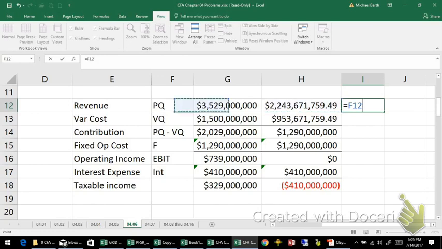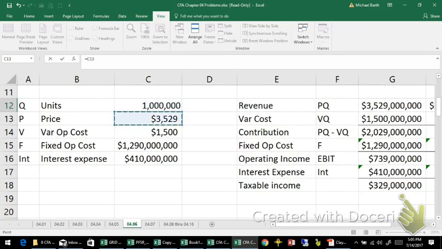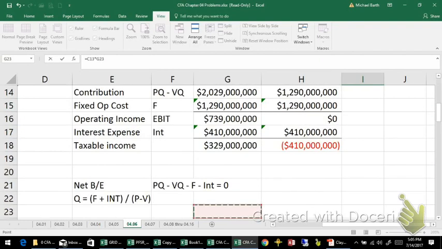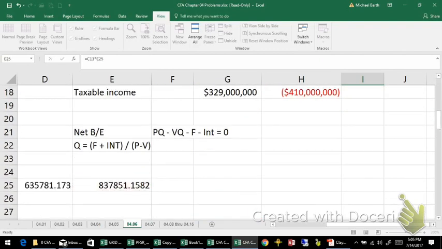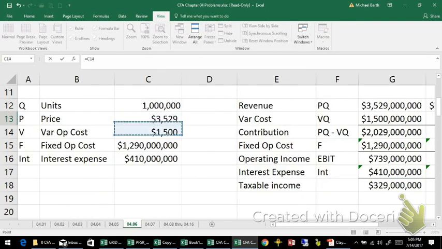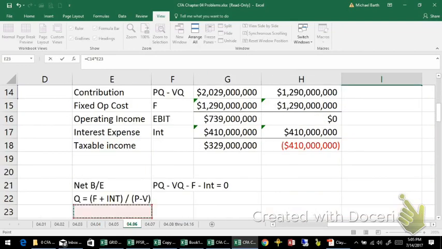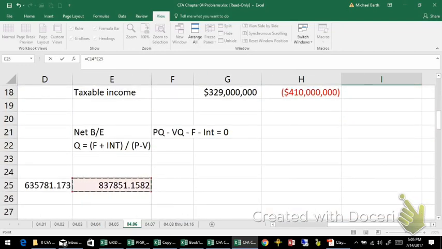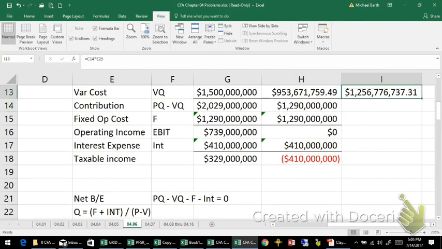We could calculate that here as well. If I take the price times this new break-even units, and then the variable cost of $1,500 per unit times the number of units, that gives me 1,700,000,000 of contribution.